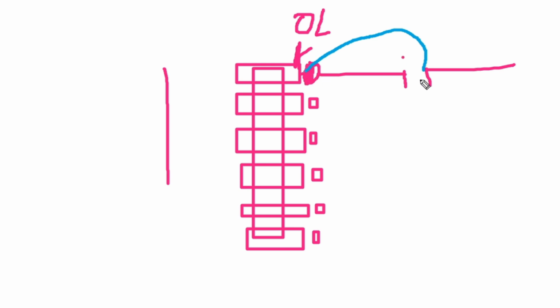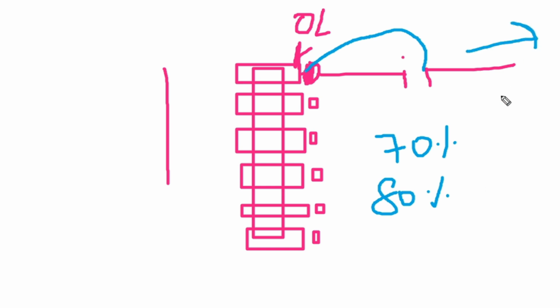So a good diode value goes to the connector. Now you can turn on your phone. Most probably 70 to 80% of your job is done. If there is no problem on the other side, the IC side, 70 to 80% of your job is done.